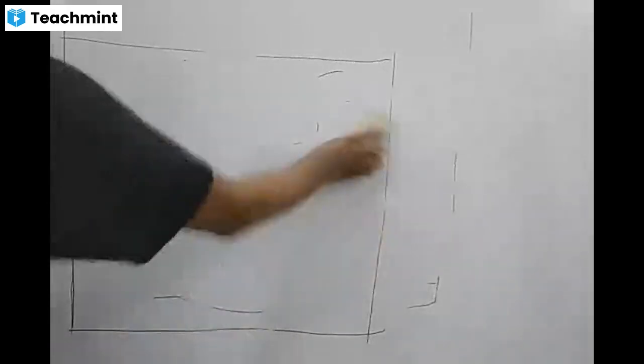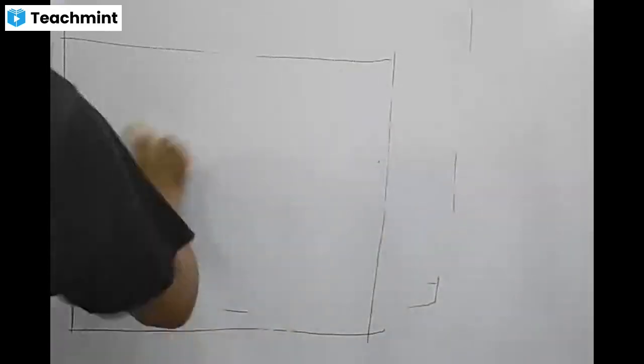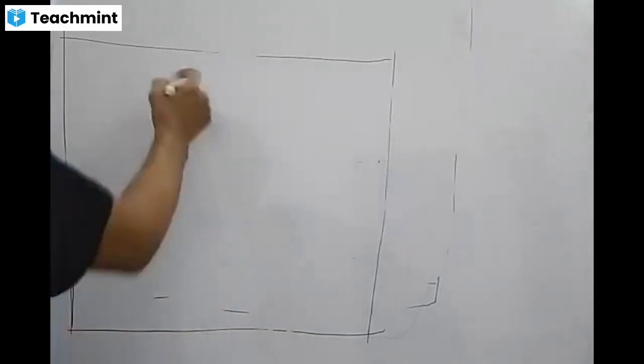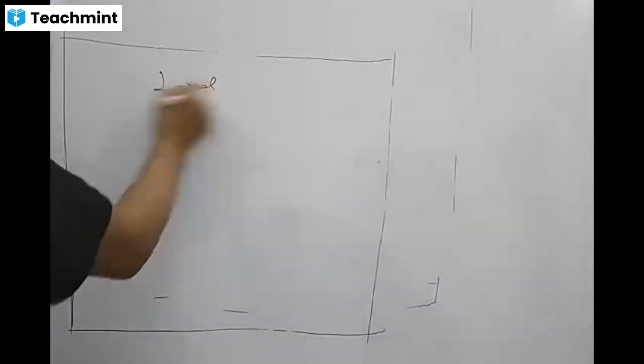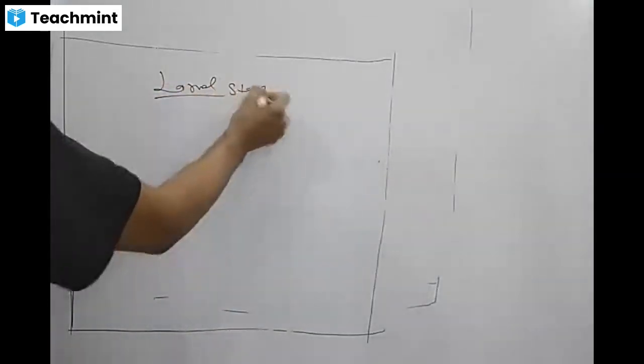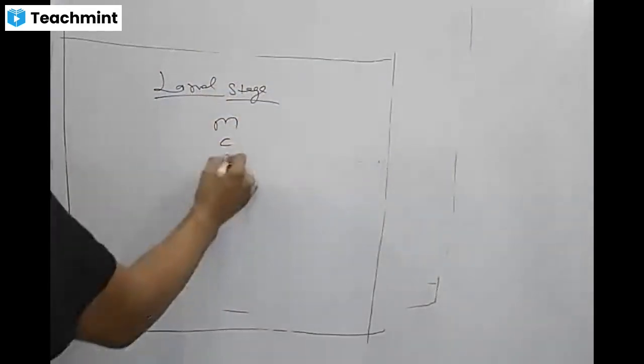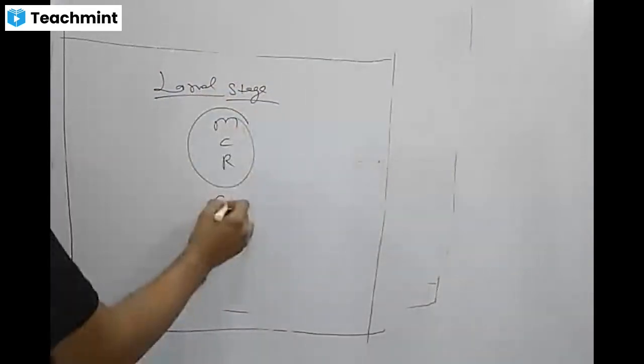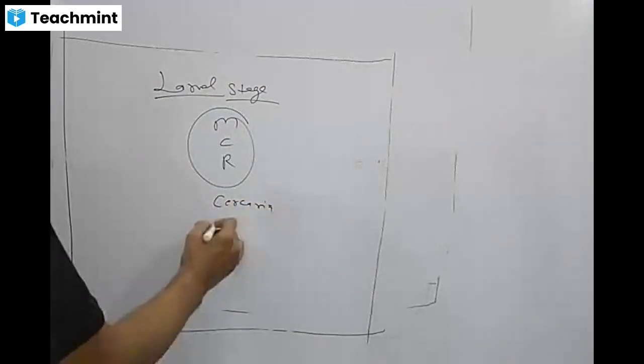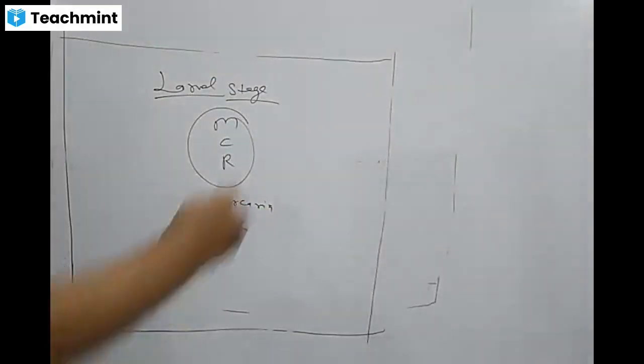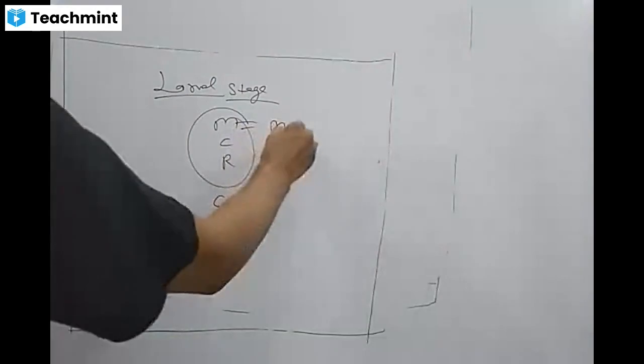Then, in case of trematodes, there are some larval stages. We call them MCR. MCR, Cercaria, Metacercaria. So what is M? That is Miracidium.